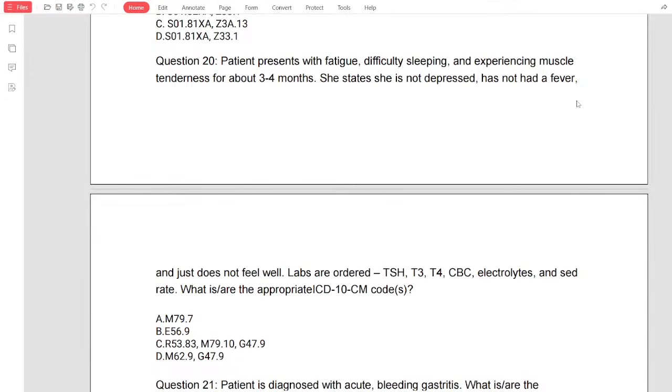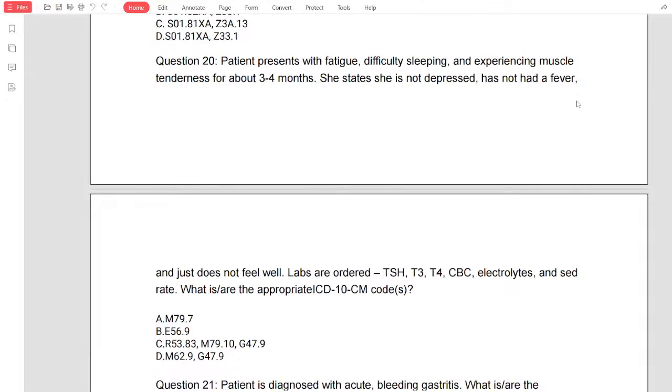Very good, Akash. But Akash, M79.7, right? What about D? Just check the D option also. Sorry, the C option. Patient presents with fatigue, difficulty sleeping, experiencing muscle tenderness.